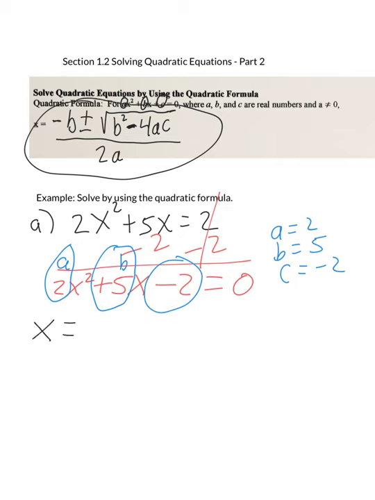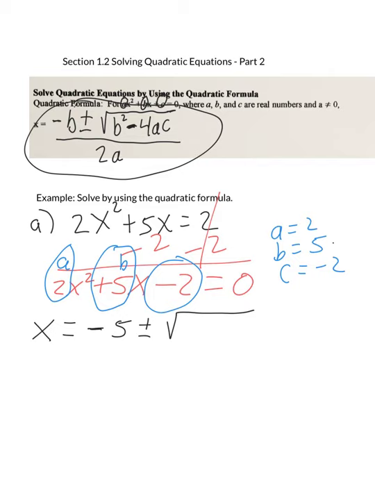So x equals negative, I know it feels weird to begin with a negative sign, but the formula begins with a negative sign. Negative b was 5, so negative 5 plus or minus the square root of, now under the square root it says b squared.